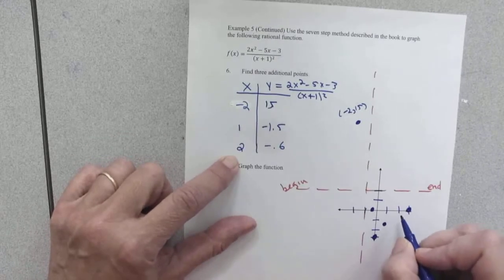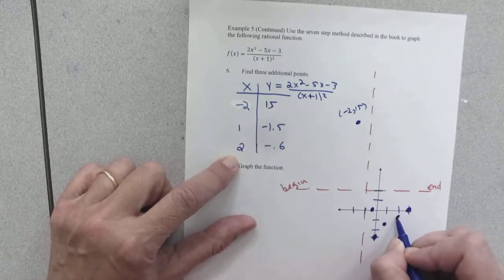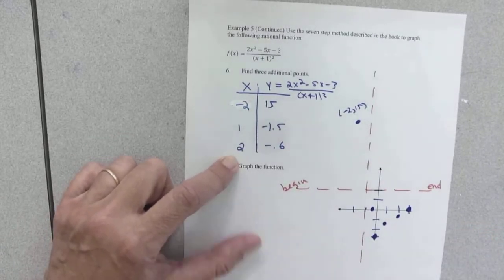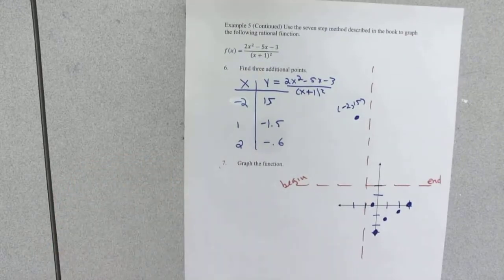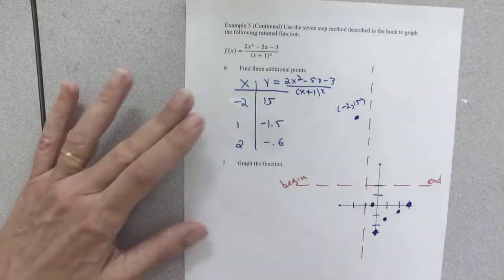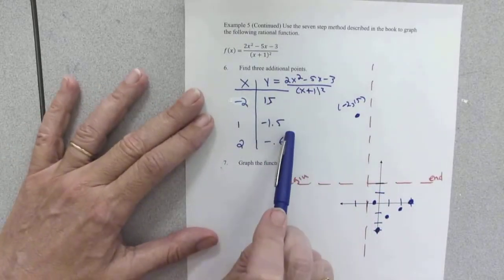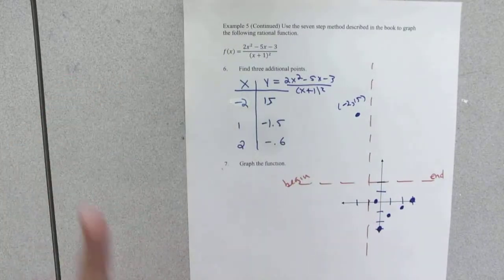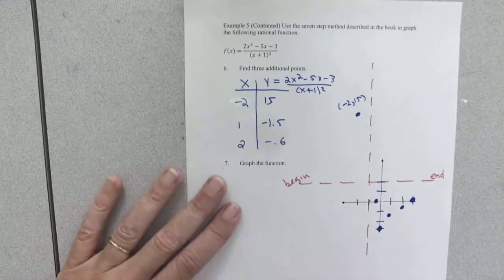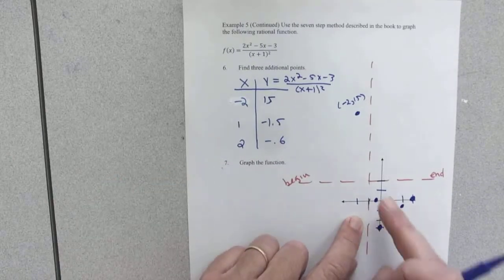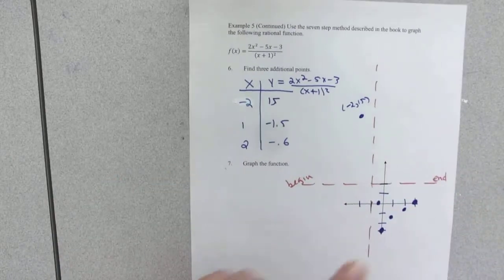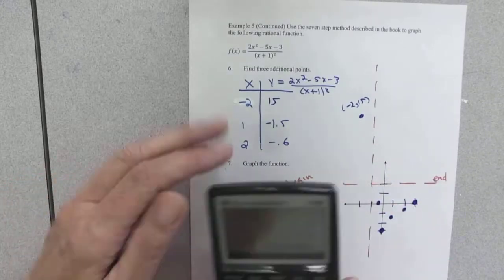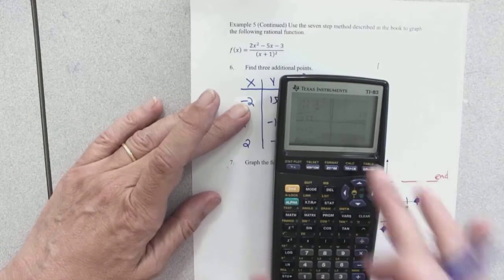And then I had 2, -0.6, which might be right about there. Back before we had calculators, you would have found many more points than just 3. The idea is that I can just connect the dots, and it should work out to be roughly what I'll see when I actually graph it.